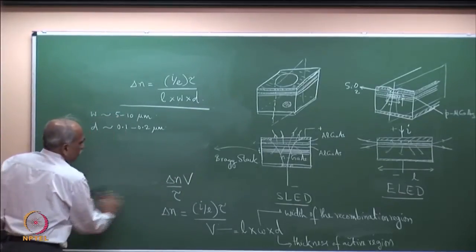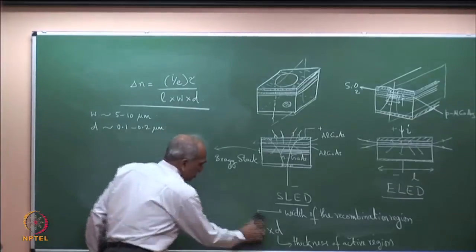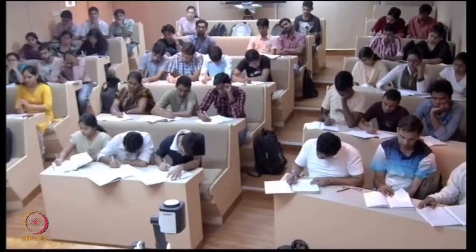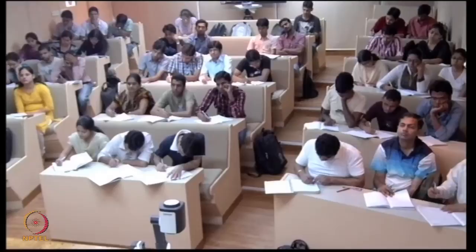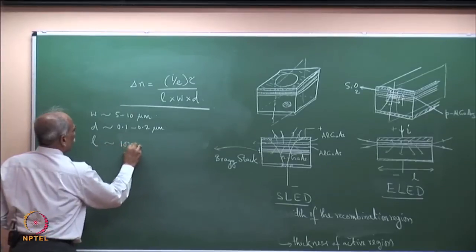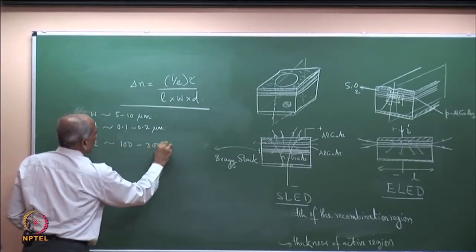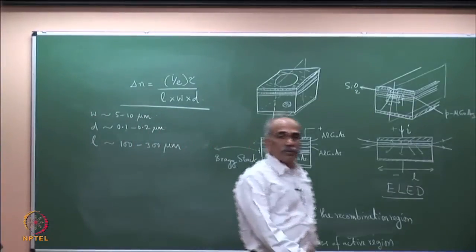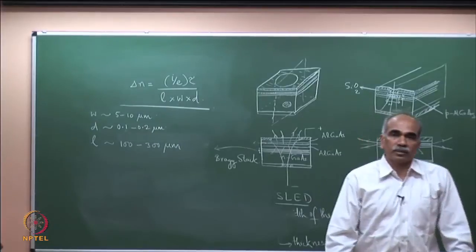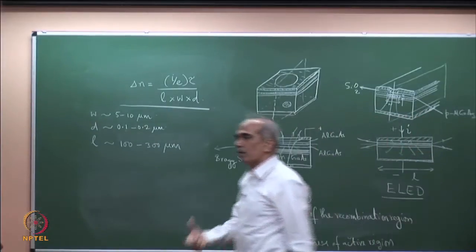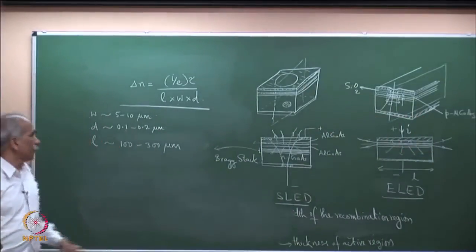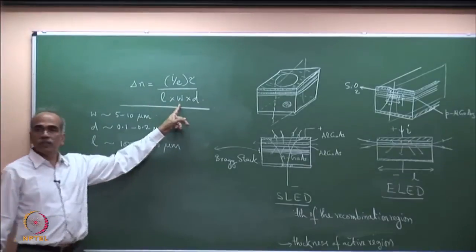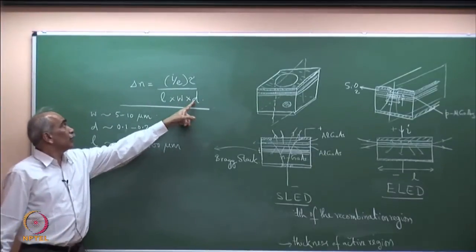And in an edge emitting LED, L is typically 100 to 300 micrometer. So, some idea about the real numbers of the dimensions of the devices. So, these two have been reduced.